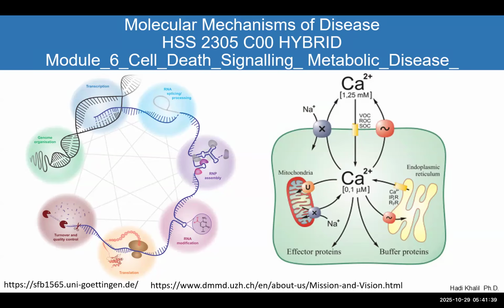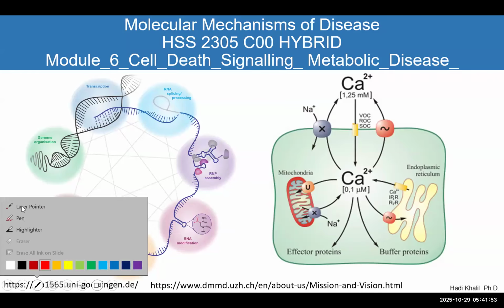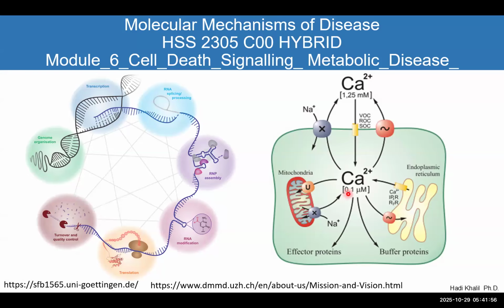So I said in the beginning of this class, I have this slide here, which is showing you the concentrations of calcium inside the cell and outside of the cell. So this is an aspect that we really have to remember, because it tells us a lot about the function of calcium in the cell and how it's organized.